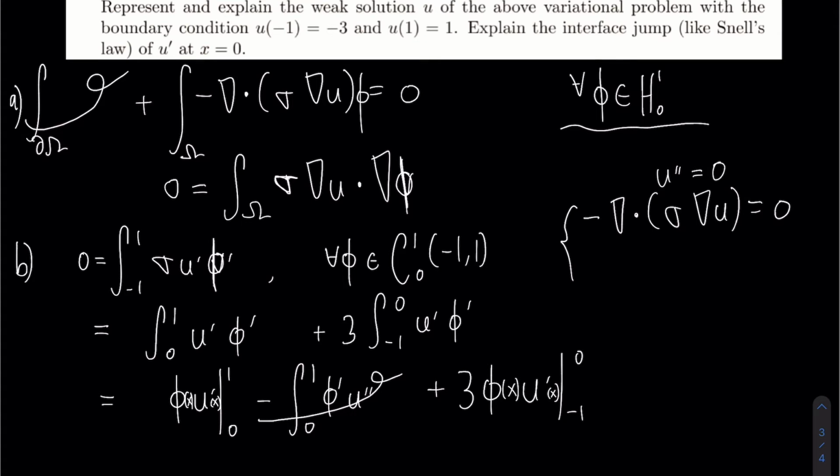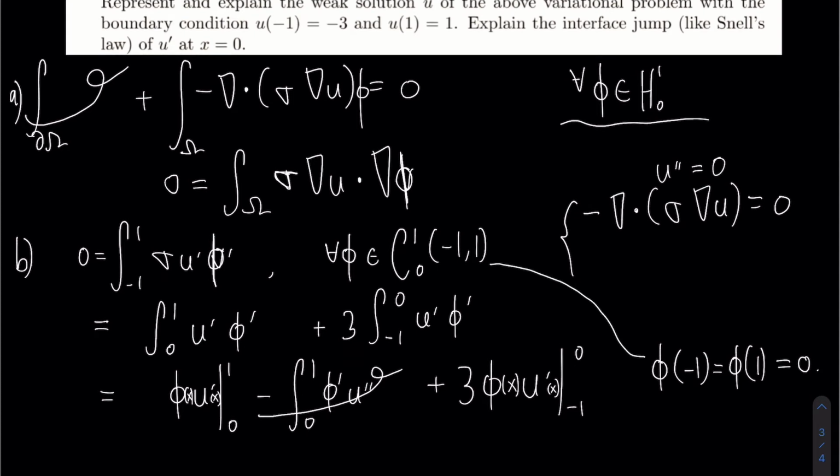We know that phi evaluated on the boundaries, -1 and 1, is going to be 0 by definition, so we can ignore those parts.